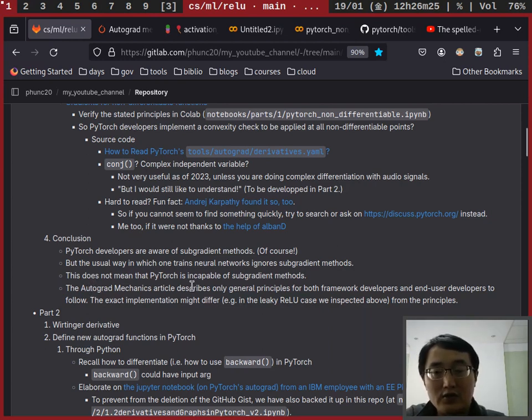And in the source code, we also see that it is not through a convexity check that it decides whether to follow principle 2 or principle 3 of the article. No, it is somewhat hard-coded into the YAML file, and then it follows the hard-coded rules in those files.